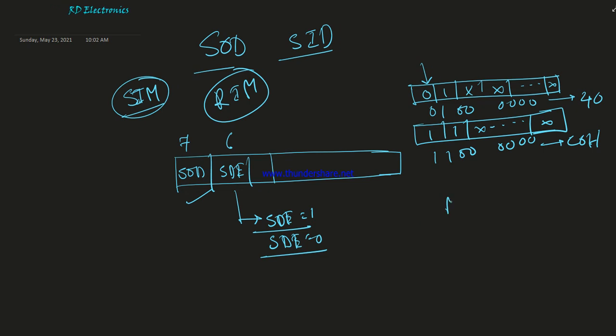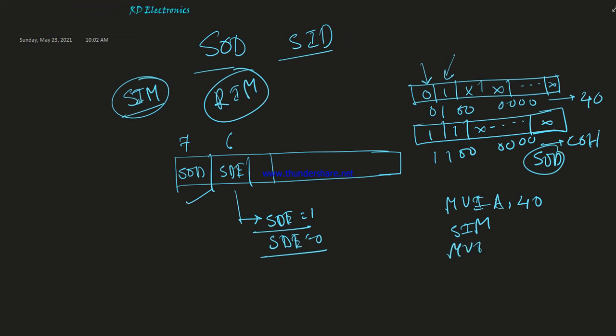Now we write the code MVI A, 40, and execute the SIM instruction. After the SIM instruction is executed, the accumulator content shows that this bit is 1 and this bit equals 0. So from the SOD output pin we get the value 0, that means low.